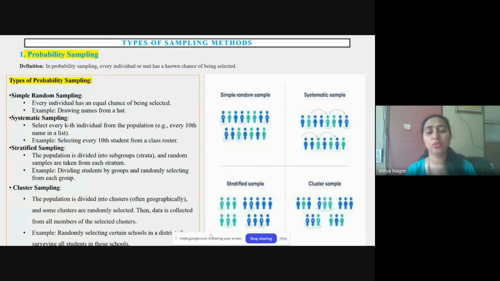So what you will be doing is choosing every fourth student from the row. So first student, then fourth, then eighth, then 12th, right? Then 16th. You will go in multiples of four. If you are choosing fifth, then fifth, 10th, 15th, 20th, then 25th, 30th, and so on. So in this way, you will reach the 100.